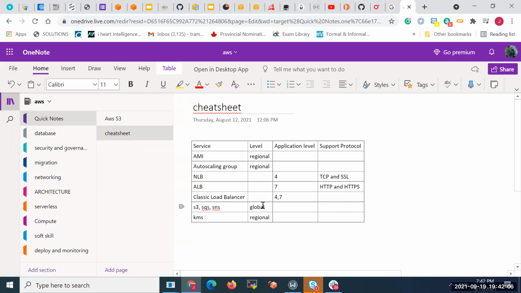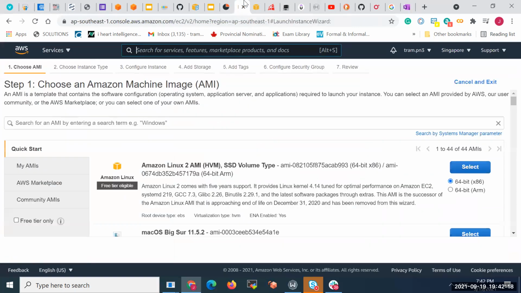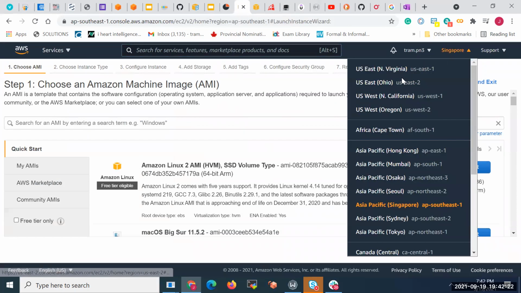So if you create an EC2 in Singapore, and then later on you switch to Ohio, then you won't see this image because you created it in a different region than the one you are in now.